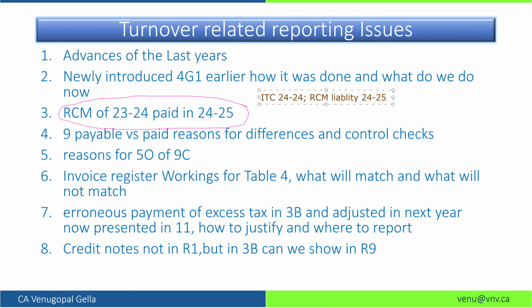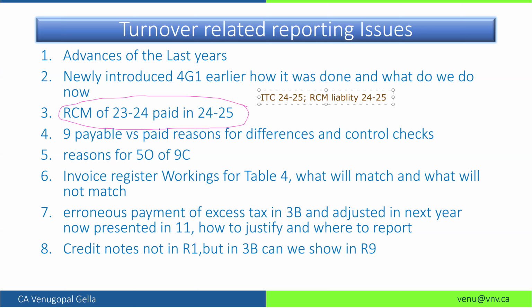I will make an assumption that it is claimed before 30th November. I don't want to get into the dispute on the self-tax invoice, the year in which it is raised; we will see that later. I am only saying RCM and ITC, both will be of 24-25, and it will not come into reporting in GSTR 9 anywhere in 23-24.